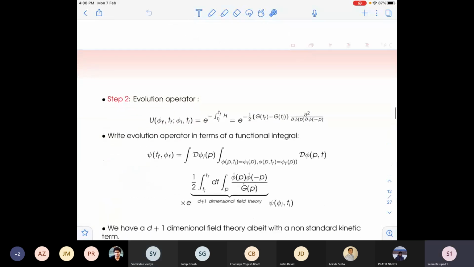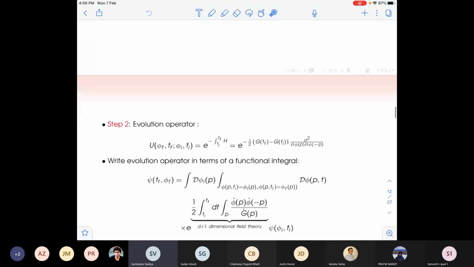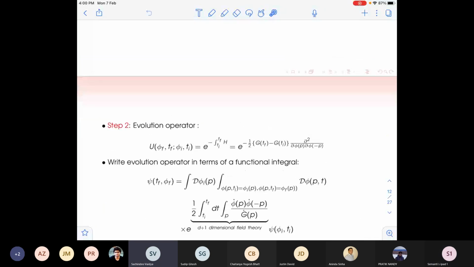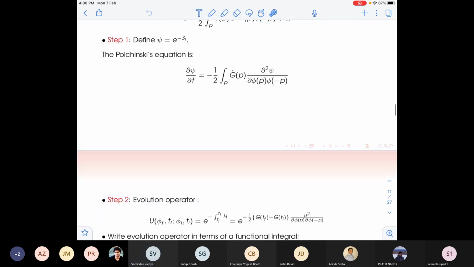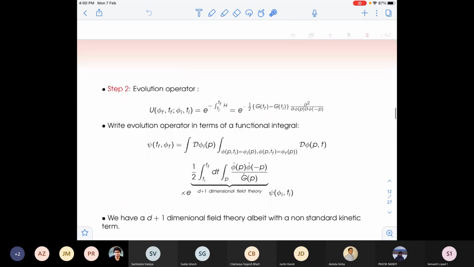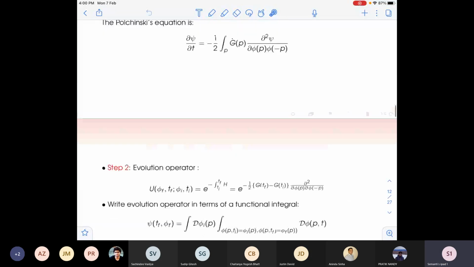And the h that you wrote in this equation, is that also coming from Polchinski's equation? In your step 2, you wrote an exponential of h. That h is also coming from the Polchinski's equation, is it? Yeah. This is the state operator of this diffusion equation.